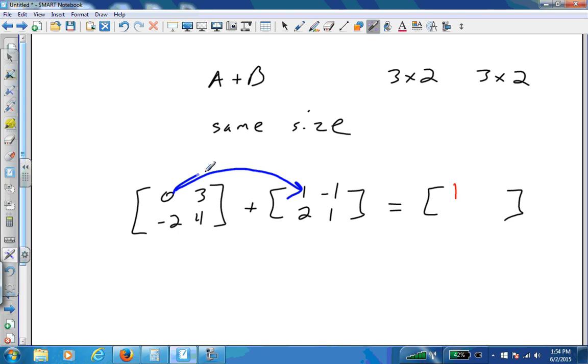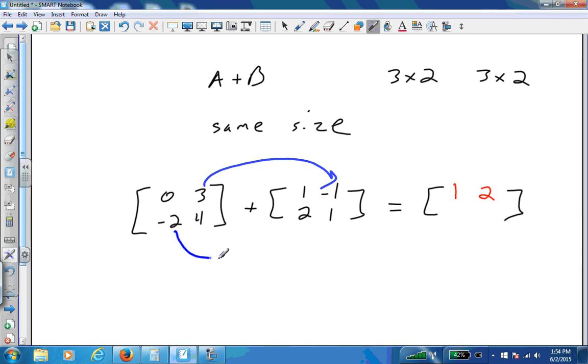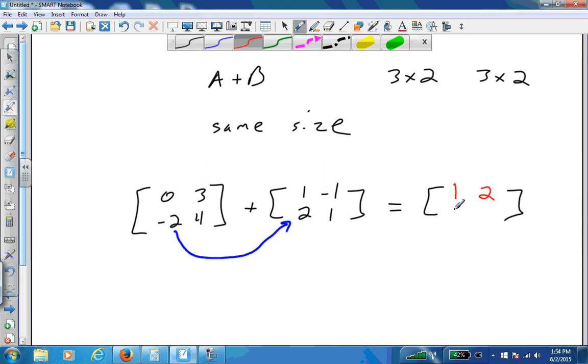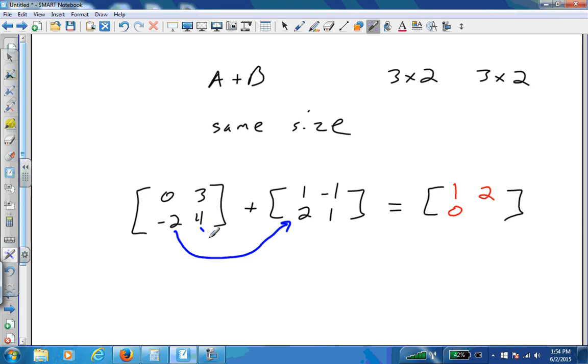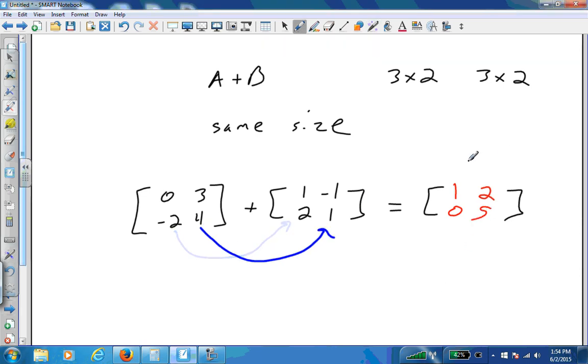The row 1, column 2 components and add those. Row 2, column 1 components. And then row 2, column 2 components. So if we call that matrix A, that matrix B, that's the sum of those two matrices.